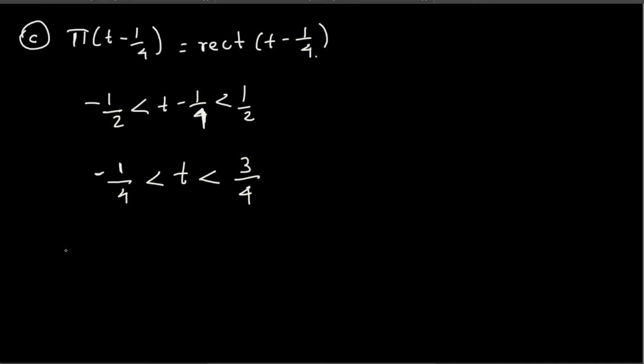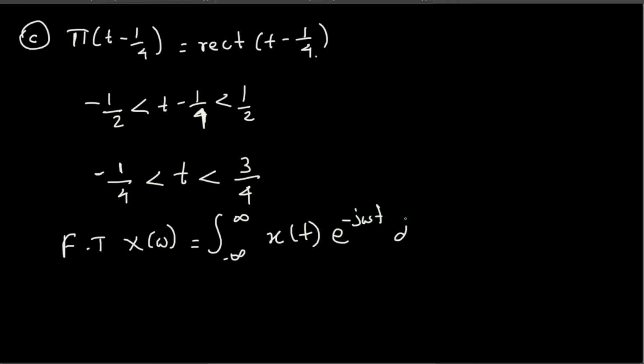Now we know the Fourier transform equation: X(omega) is equal to the integral from negative infinity to infinity of the function we're going to integrate, multiplied by e to the power minus j omega t dt. In this case the height is 1, and with e to the power minus j omega t, the interval is minus 1 over 4 to 3 over 4.